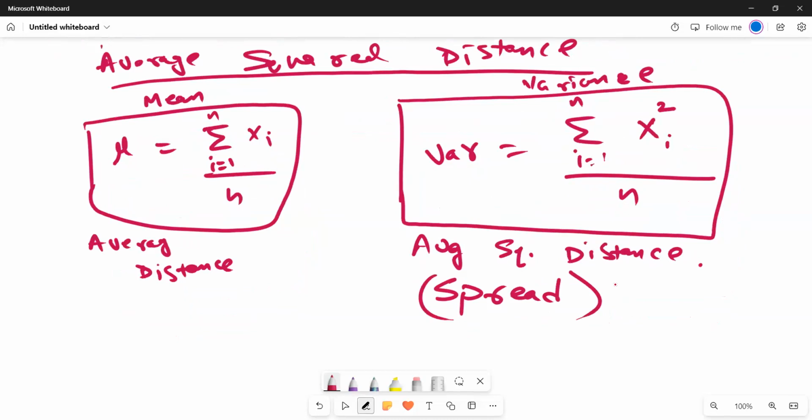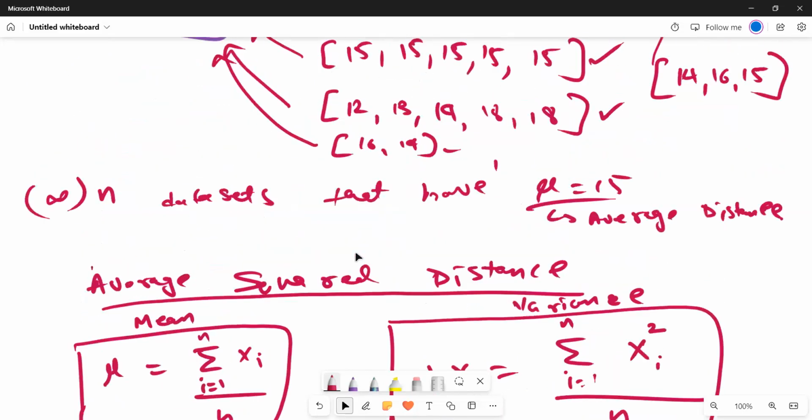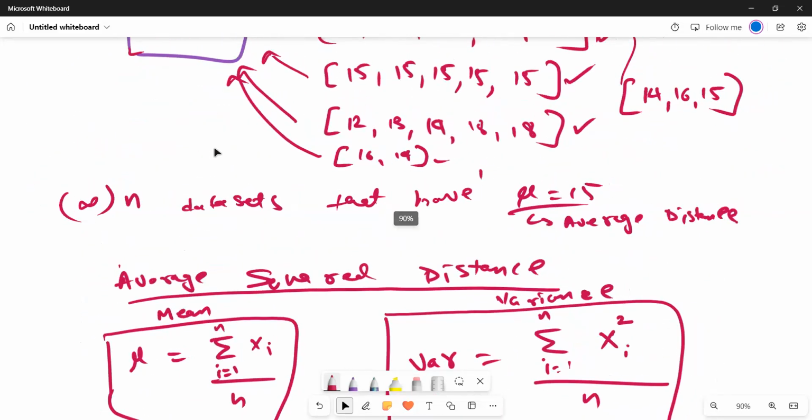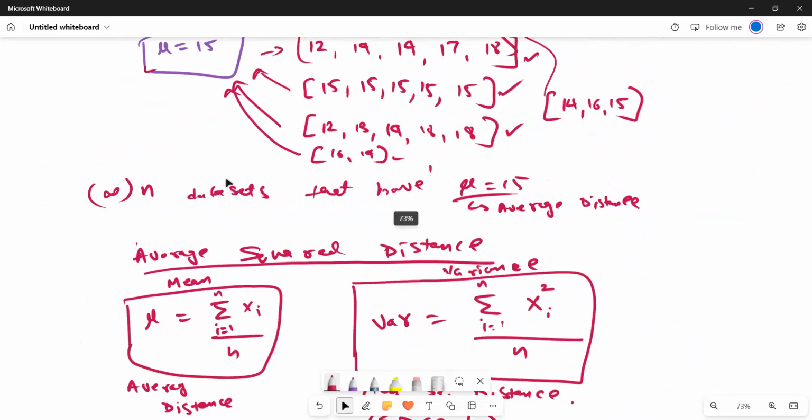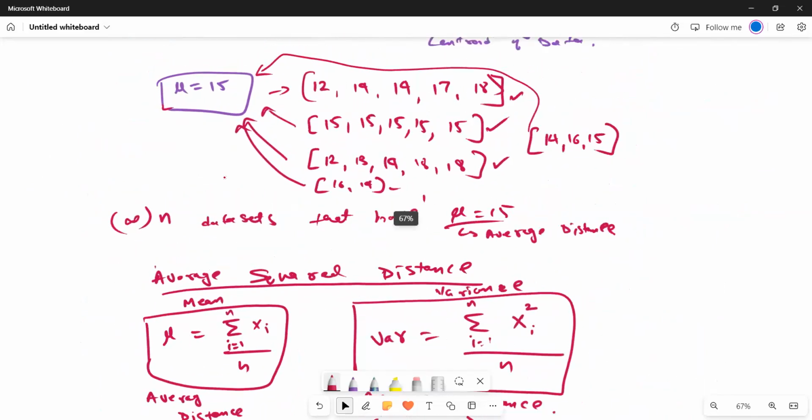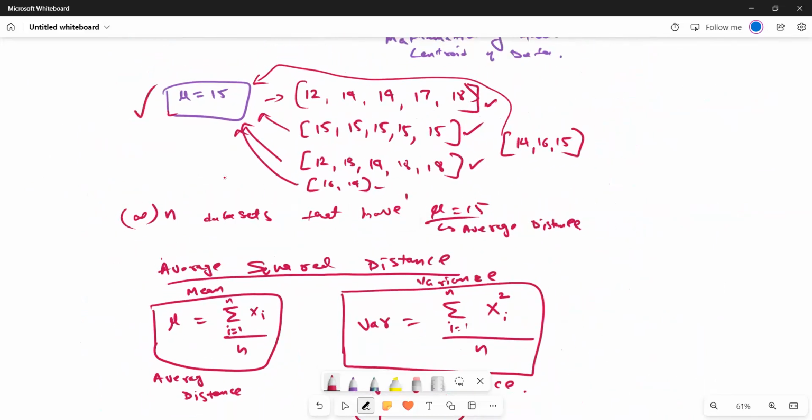But again, here, there's a problem. Let's take the same example that we are considering. Here, the mean of the data set is 15, and all of these data sets have the same mean, which is 15, but I can further differentiate the data set that I have to deal with.